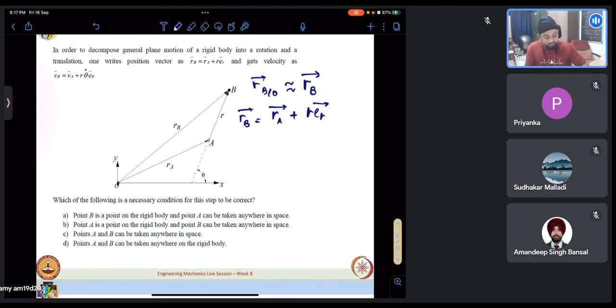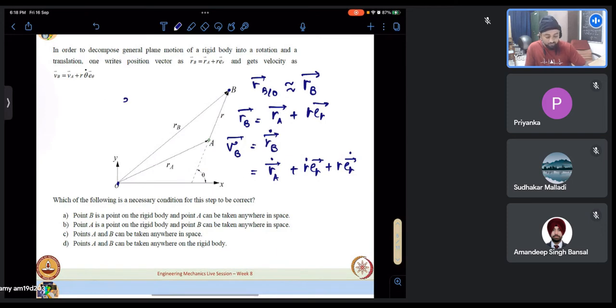So this was differentiated. One writes the position vector and gets the velocity. What is velocity? We know that velocity is nothing but the time rate of change of the position. So if we systematically differentiate this, it will be RA dot plus R dot ER plus R ER dot.